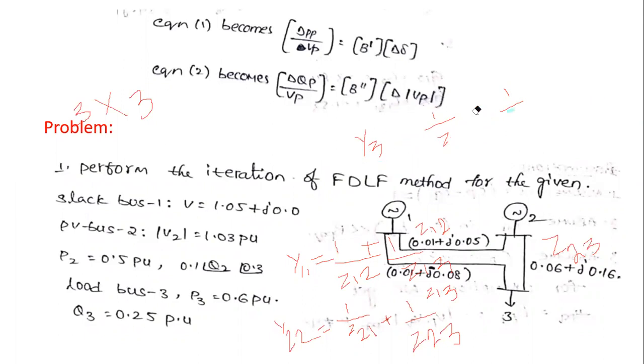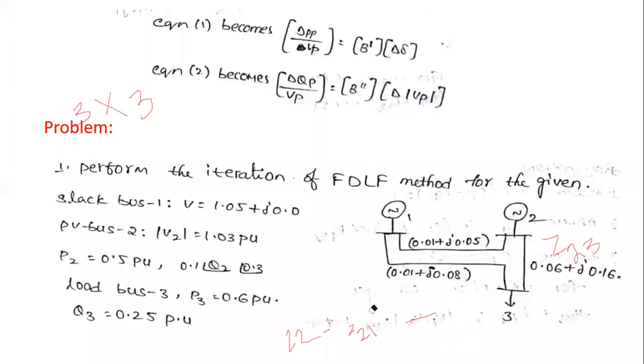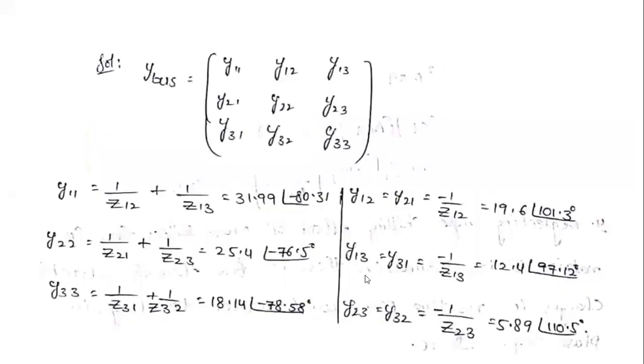Next, we calculate the non-diagonal elements in the Y-bus matrix. That is Y12, Y13, Y23. Y12 is equal to Y21, which is equal to minus 1 by Z12.